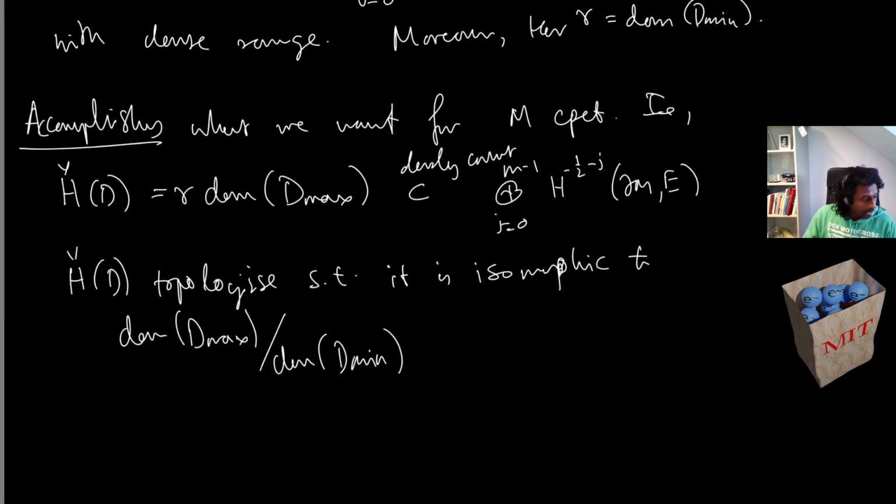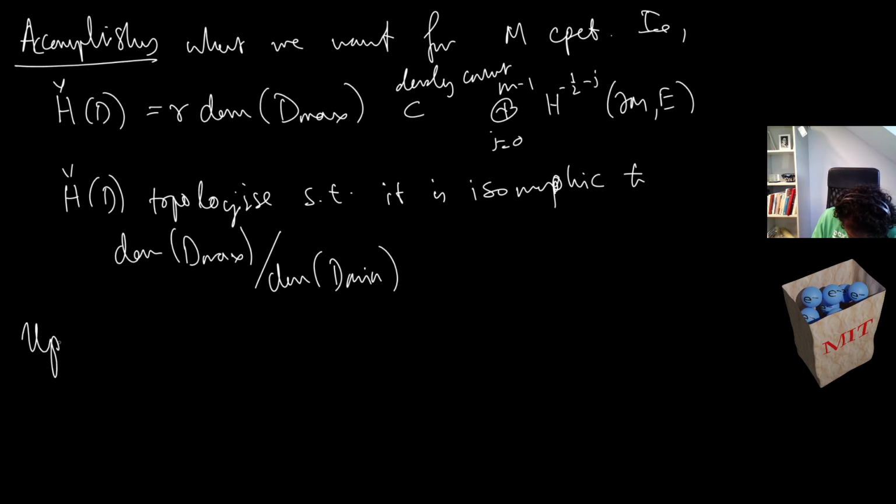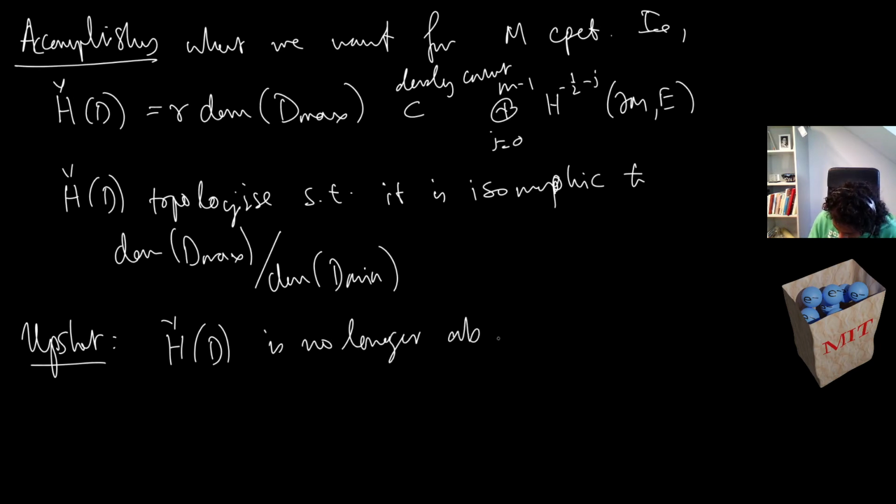Okay? But the upshot is H check of D is no longer abstract, right? Of course, we still haven't really done anything. All we're still doing is bringing the problem that's on the interior, the interior operators, to the boundary, but at least we know where this check space is contained.